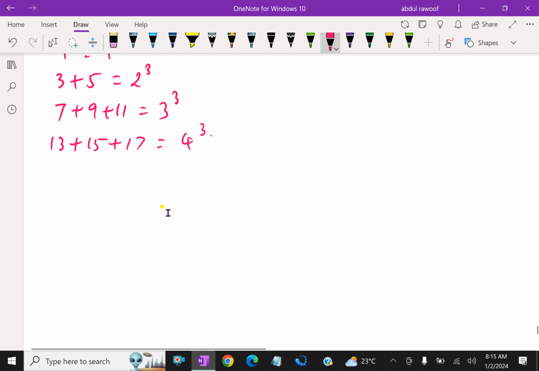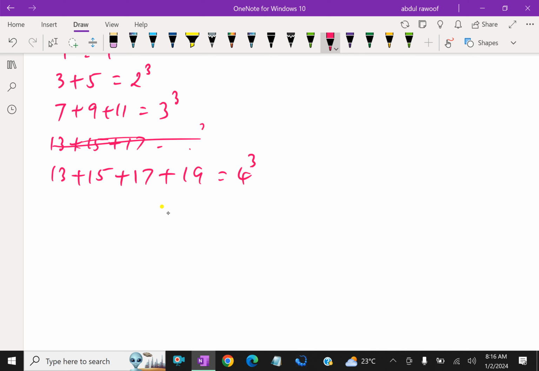One more, here 13 plus 15 plus 17 plus 19 is 4 cube. 4 cube is 64, and you can add these also: 28, 45, 64.